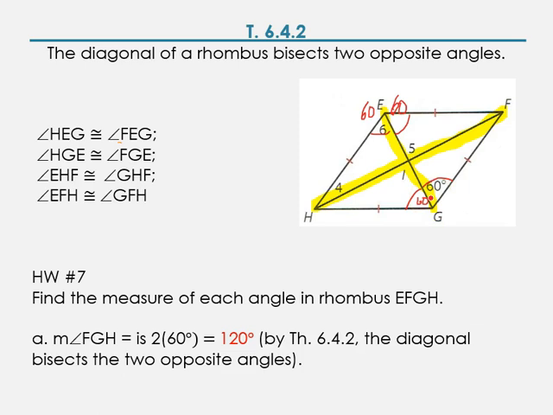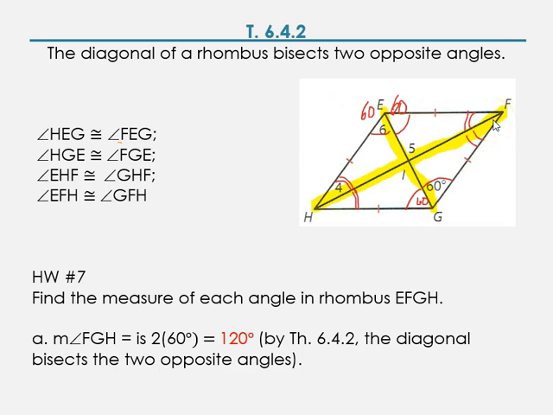With this other diagonal, we have a situation where EHF is congruent to GHF, and EFH is congruent to GFH.